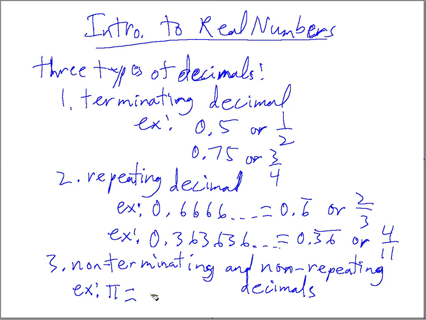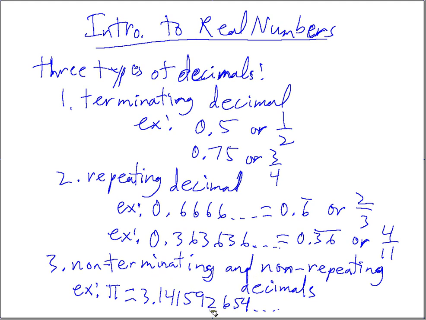Roughly, if I punch in the number pi on the calculator, it gives me this long decimal number: 3.14159265, actually, it goes on forever. My calculator didn't have enough space to show all the digits. But again, there's no pattern to it. It goes on forever, so it's non-terminating and also non-repeating.